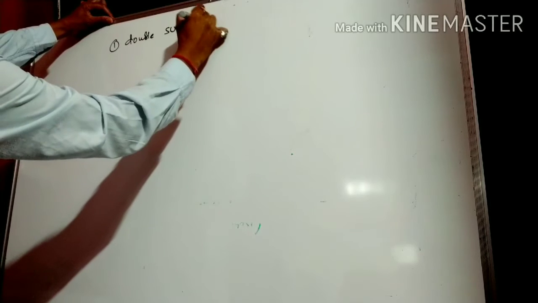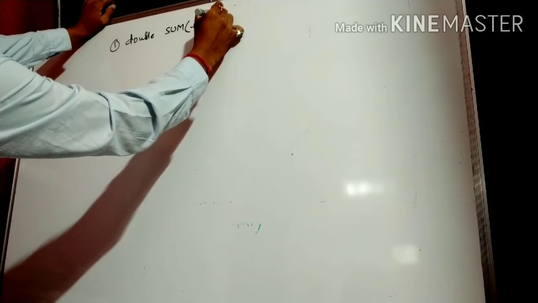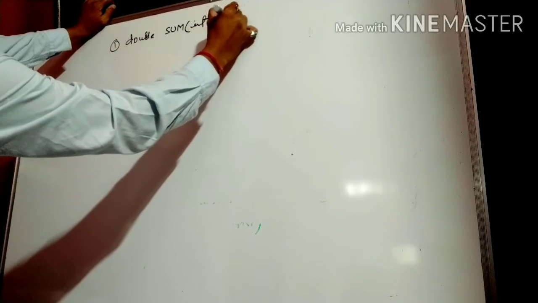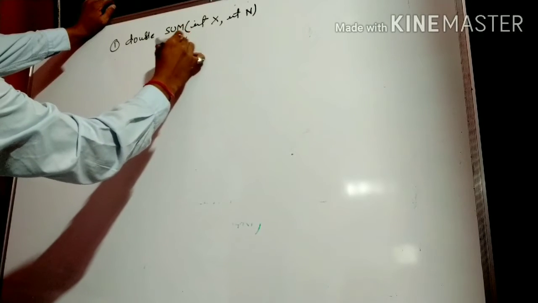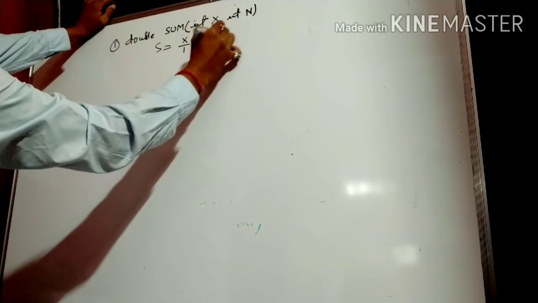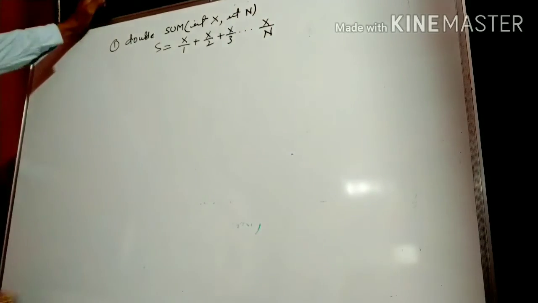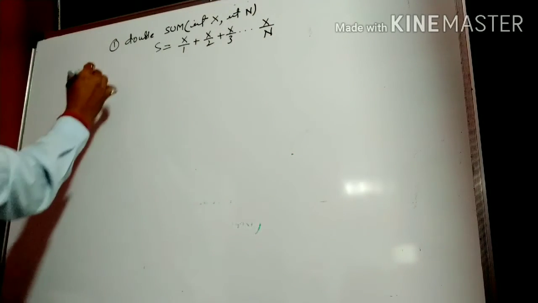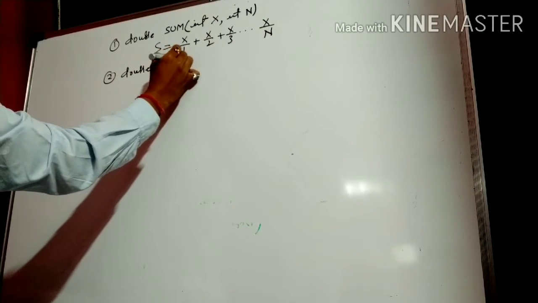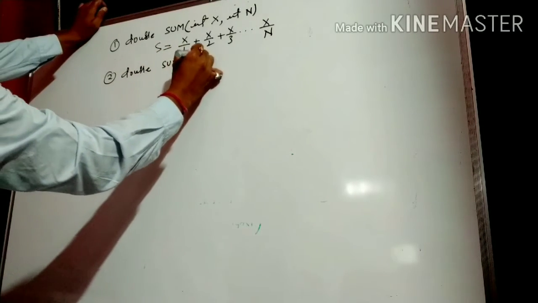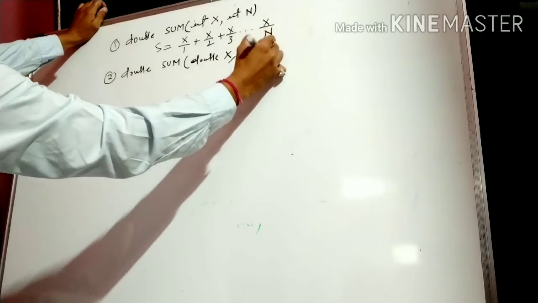Here is integer x comma integer n, which will return what? x plus 1, x plus 2, x plus 3 dot dot dot x plus n. And one more method is there. This is double, this is sum. Here is double x comma integer n.